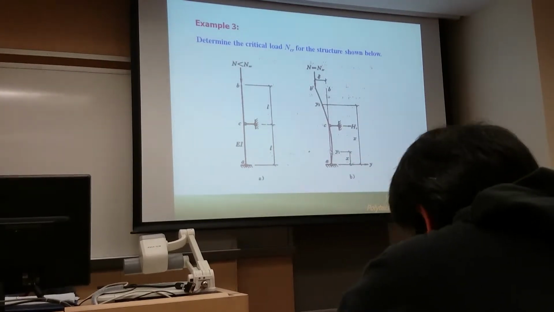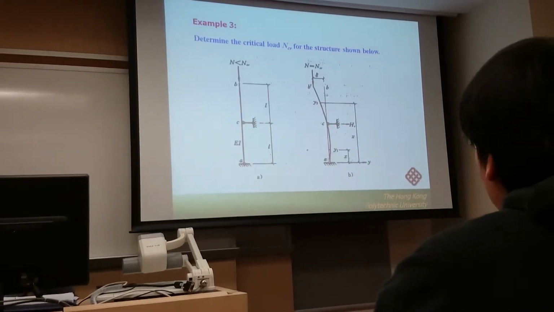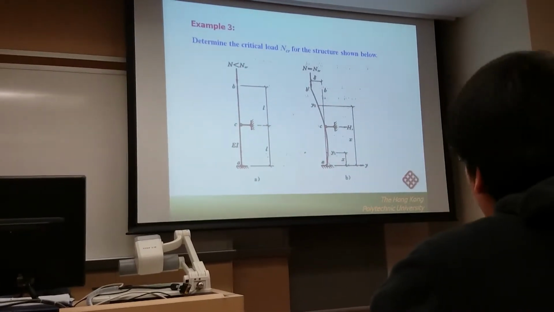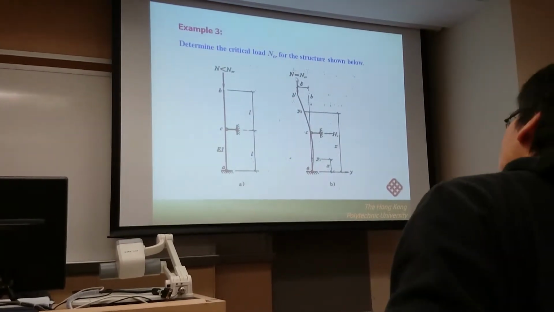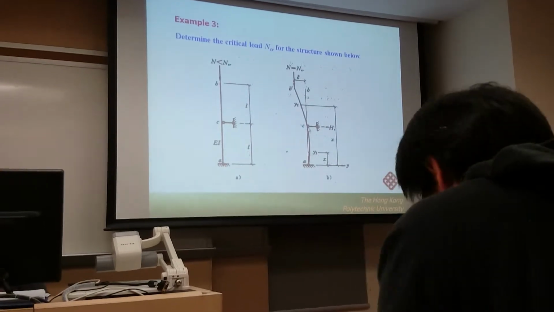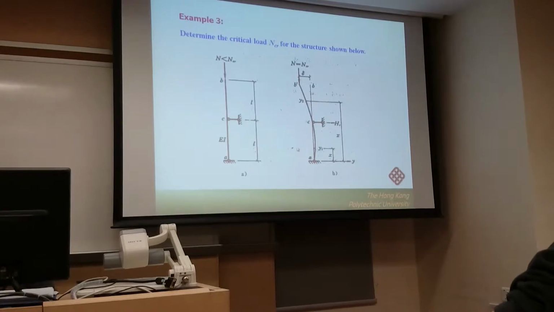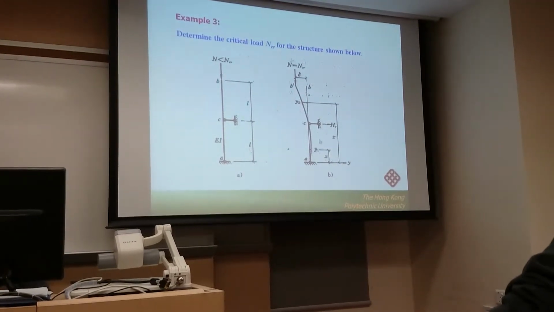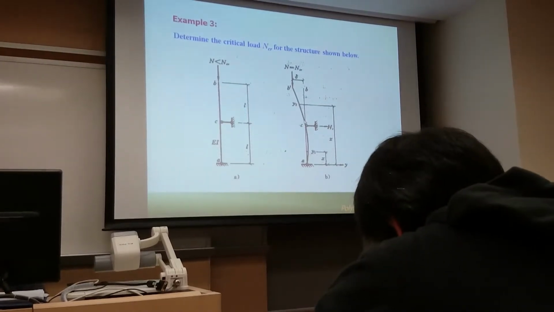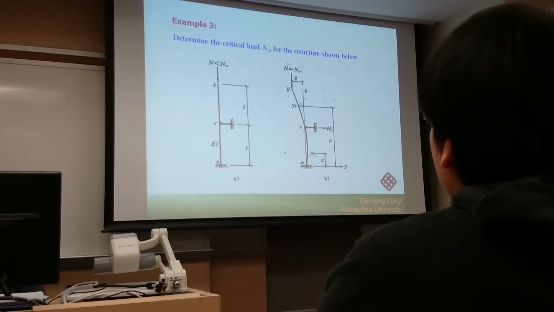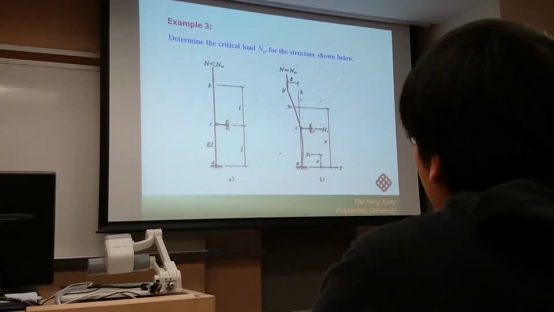For any cross section within the lower segment, the moment is equal to the moment due to the horizontal force and the moment due to the vertical force. We cut off here and take the free body above this section, so we have two moment contributions, one from the vertical force, the other from the horizontal force.